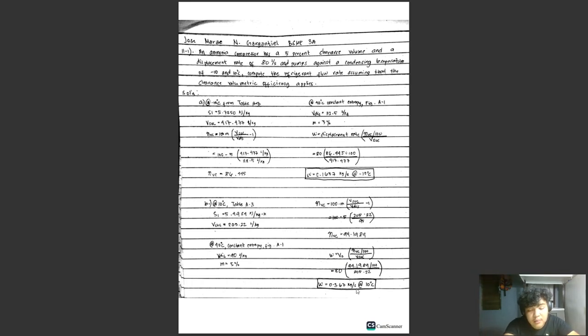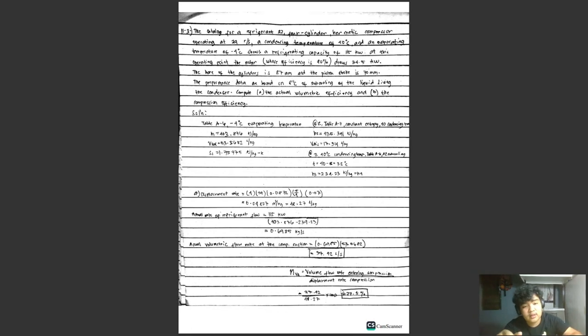Same process as the first one: 80 times 94.1989 divided by 100 over 205.22. So our flow rate at 10 degrees Celsius is 0.367 kilogram per second. So that's it for the first problem. Moving on to the next.